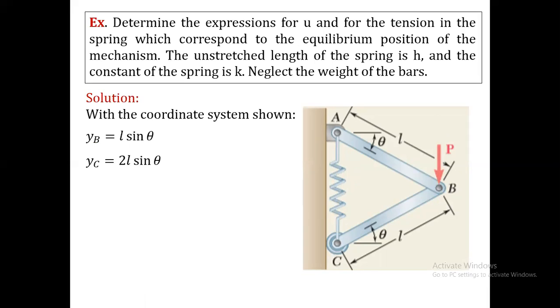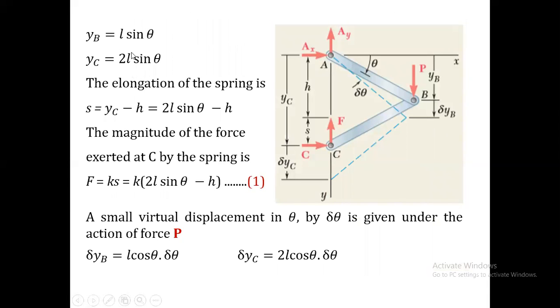Once you do that, your next task is to get delta YB and delta YC. From YB and YC, you can get delta YB and delta YC.